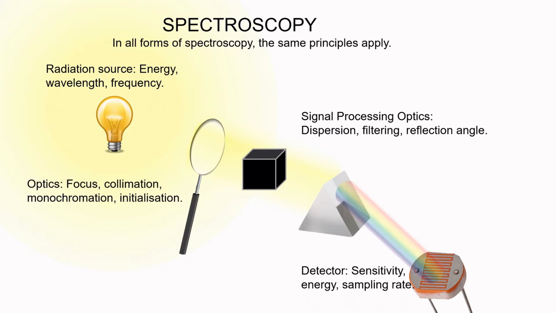You have some signal processing optics, which are for doing things like dispersing by wavelength or frequency, and possibly filtering and reflection, angle measurements, so just seeing what's going on. And then the final part of it is to have the detector. So we're going to be talking mainly, at this point, about the radiation sources.